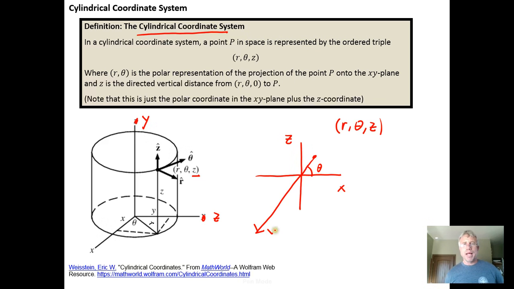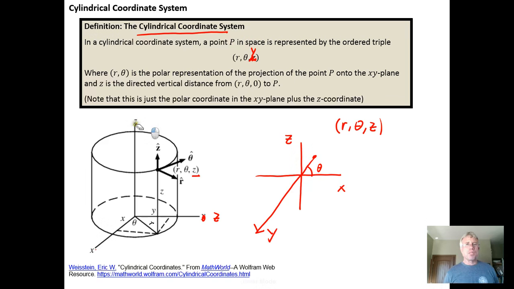We would be pulling out a y-axis from that. So this could be r, theta, y, where r and theta are generating a position in the xz plane, and then y would be the directed distance from the xz plane out to the point.